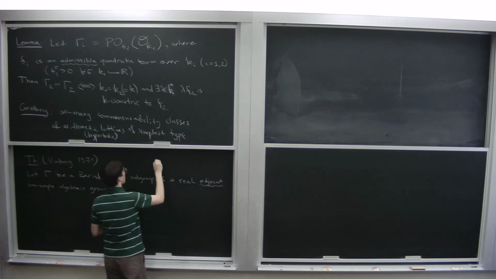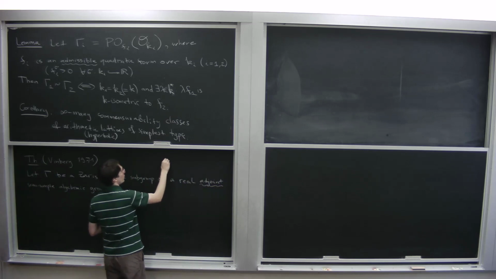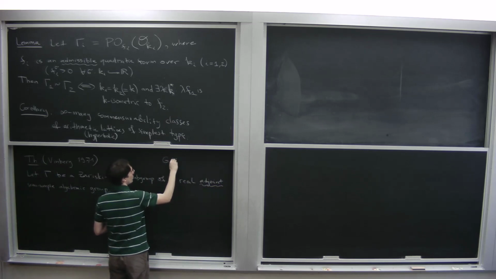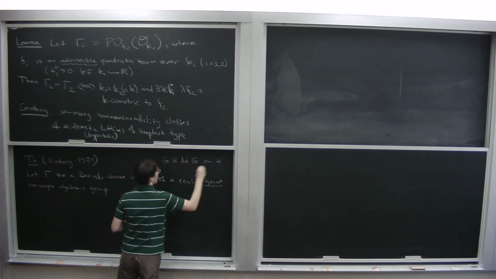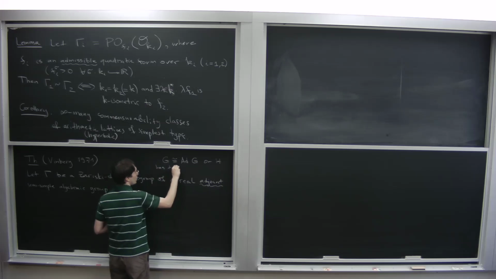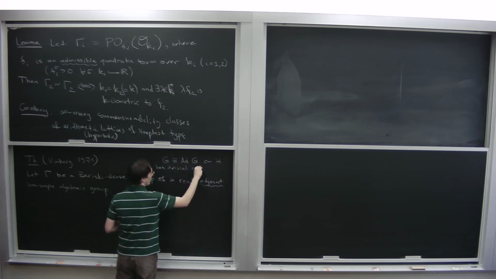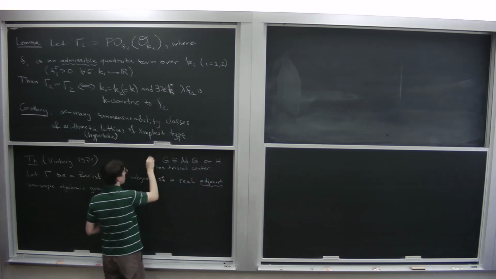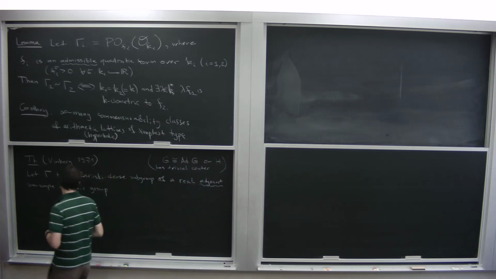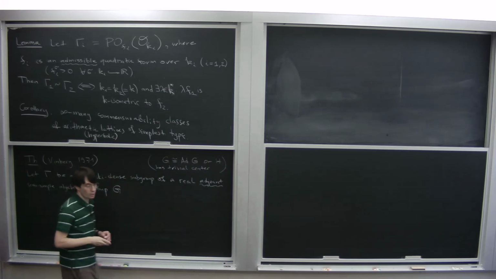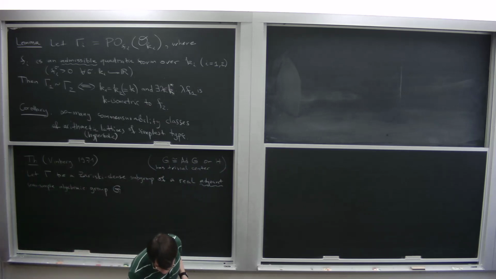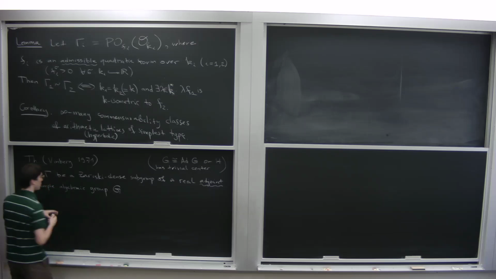So I will explain it a little bit here, where it has trivial center. All right. So an algebraic group G, right? Then, in fact, I will formulate it that way.